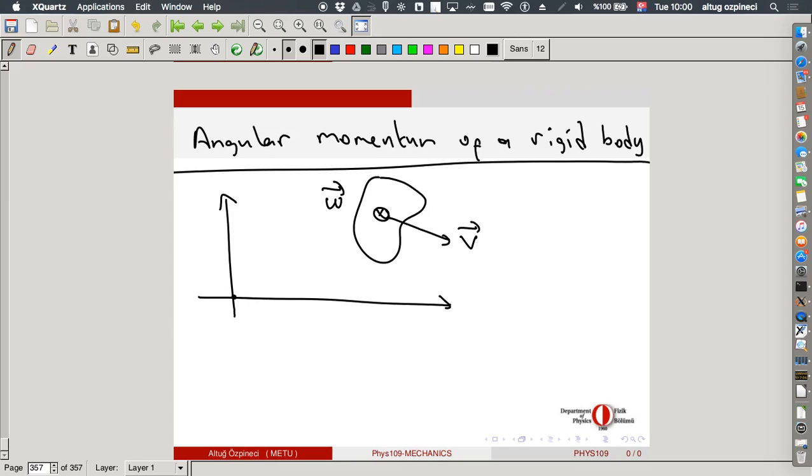Now, I already know the definition of the angular momentum for a point object, r cross p. So I chose my origin over here. This is my coordinate axis in my inertial reference frame. Now, if I want to calculate the total angular momentum of this object, I have to take, let's say, this very small mass over here, mi.